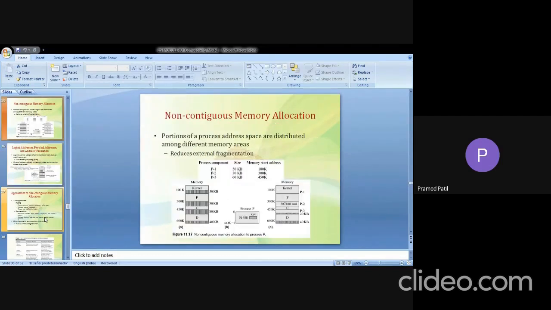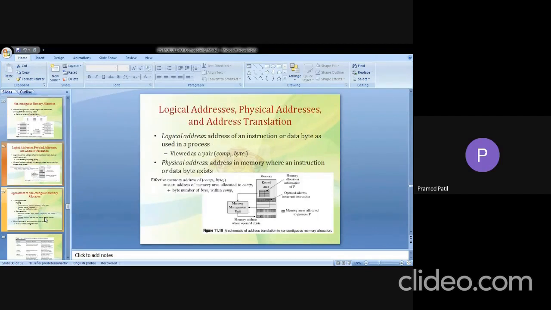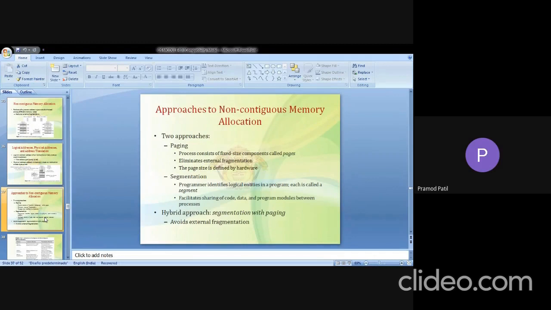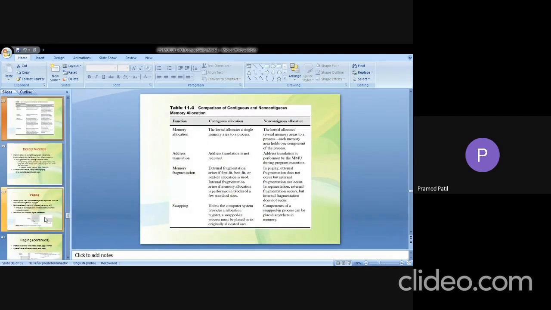We discussed the logical and physical address, how we have a logical address and a physical address in a memory location. Then how non-contiguous memory is allocated: it is allocated in two ways, based upon paging and segmentation. Okay, so that's what we have seen.